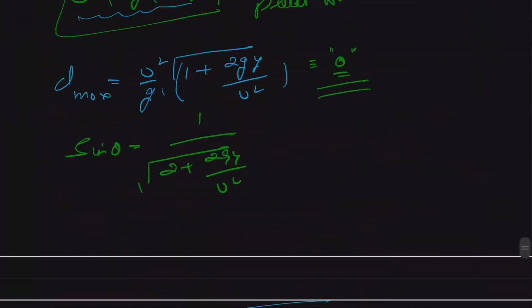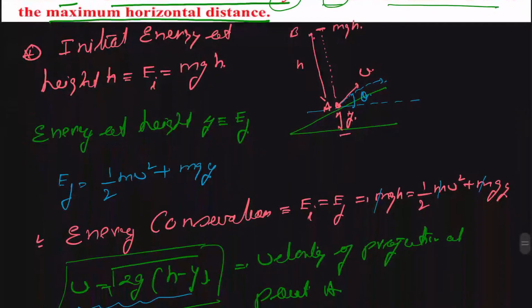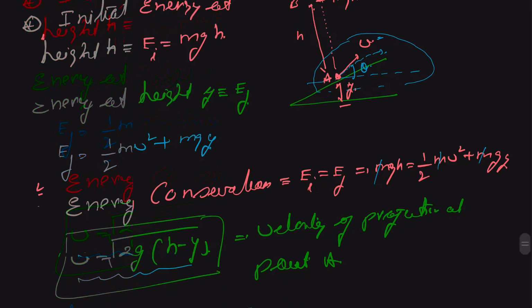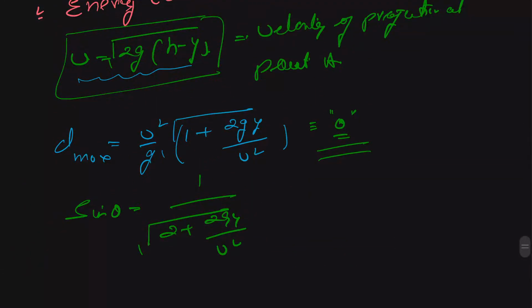And this tells us that this particular question was a combination of two parts. Okay, the first part was our question number 2. In that question we only solved this portion, and that gave us two results, and these two results were our d max as well as our sine of theta.